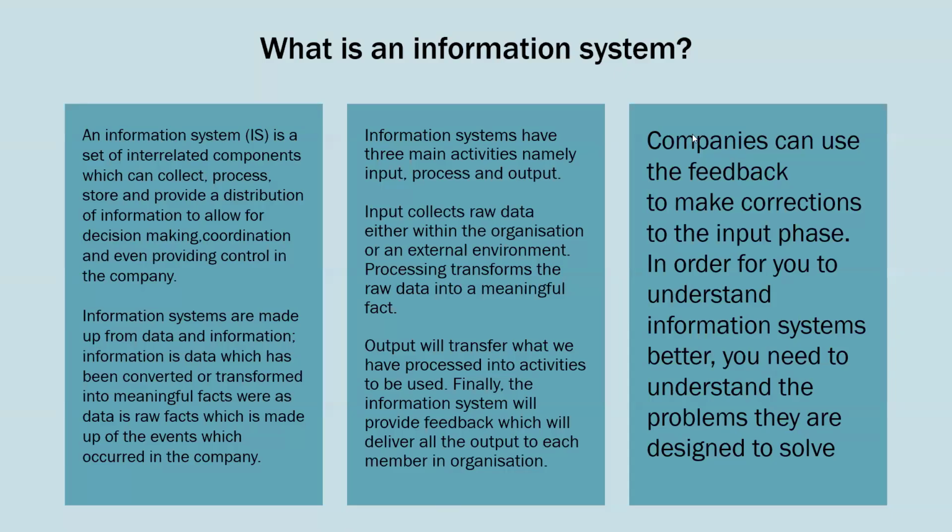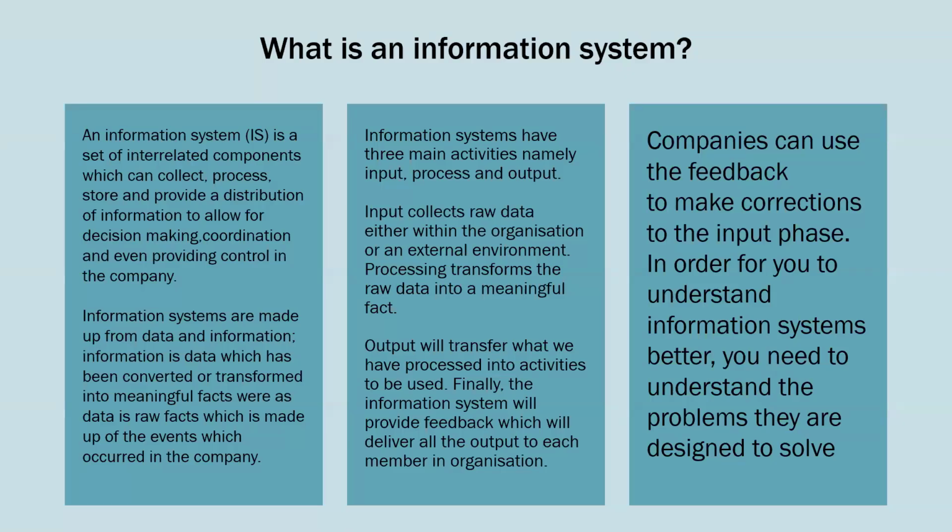Okay. So information systems are made up of data and information. There's actually a difference between data and information. Information is data which has been converted and transformed into meaningful fact. Data cannot make sense. There is a type of data that if you give to a person who asks you, what is this? I'm like, why are you giving me this?